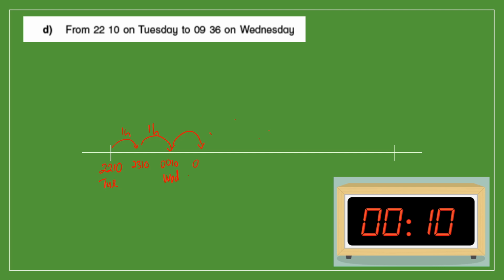We will go to 1 hour, 2 hour, 3 hour, 4 hour, 5 hour, 6 hour, 7 hour, 8 hour, 9 hour. So the 9 hours added on to the 2 hours just now, altogether you have 11 hours in terms of the hour. Let's look at the minute side. 36 minus 10 is 26.